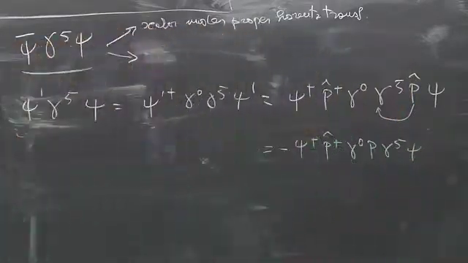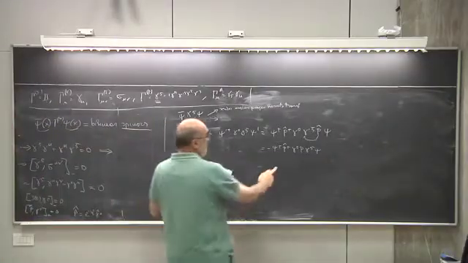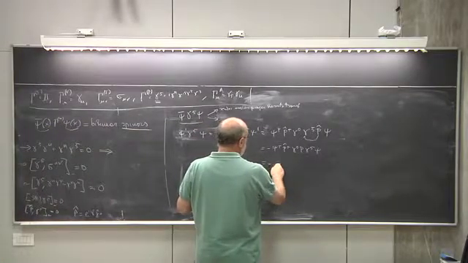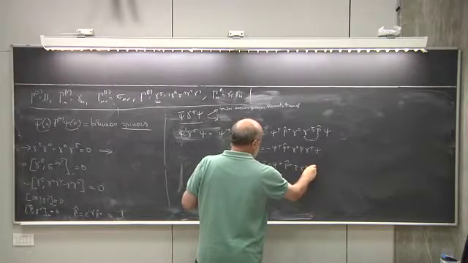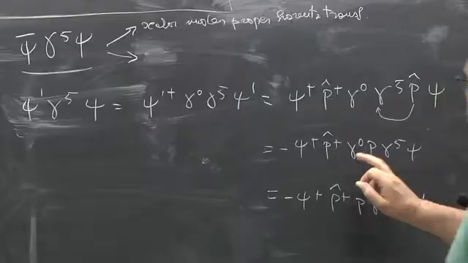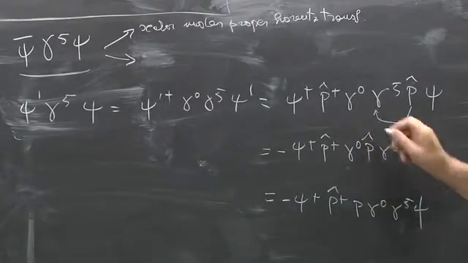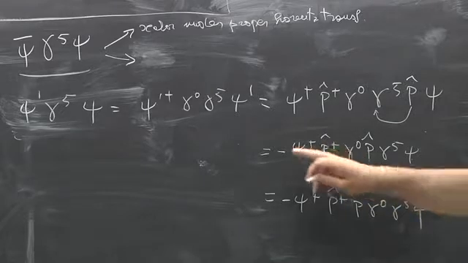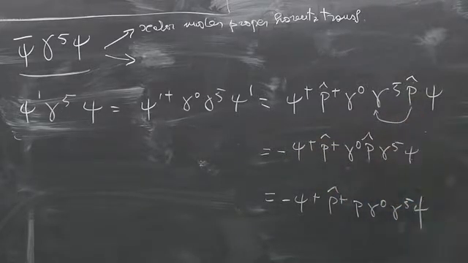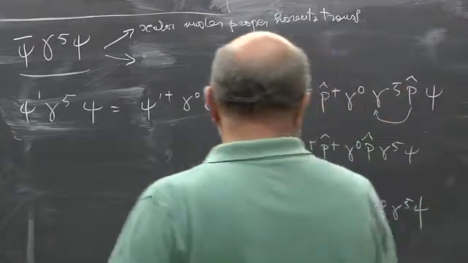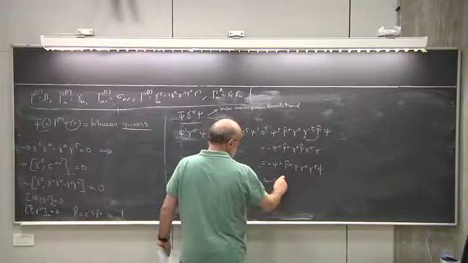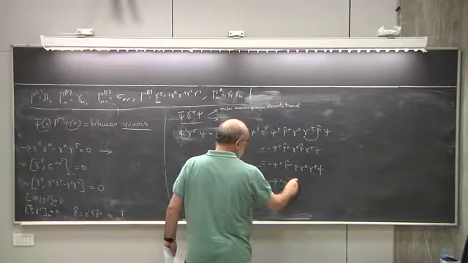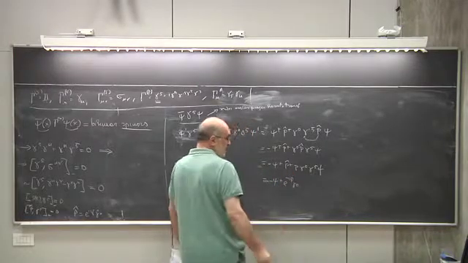Then P and gamma 0 commute, so this is equal to psi dag P dag P gamma 0 gamma 5 psi, because P and gamma 0 commute. This minus sign was because these two anti-commute. Now P dag, let's see what is P dag, is e to the minus i phi gamma 0 dag, that is gamma 0.